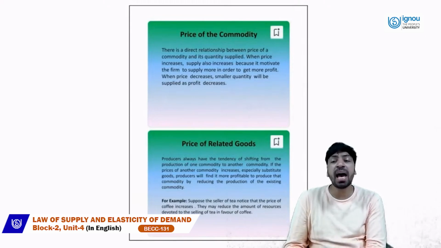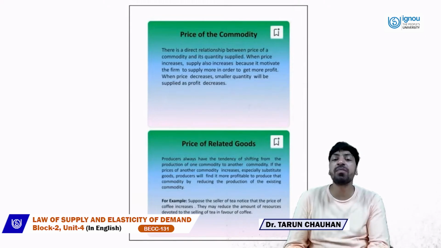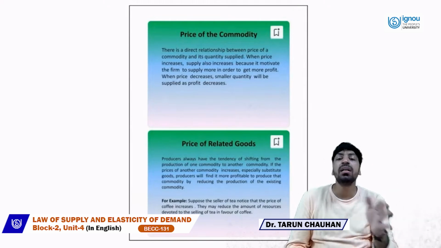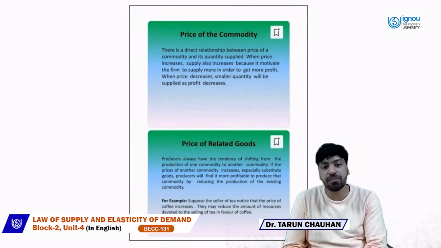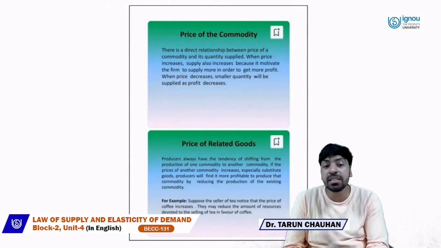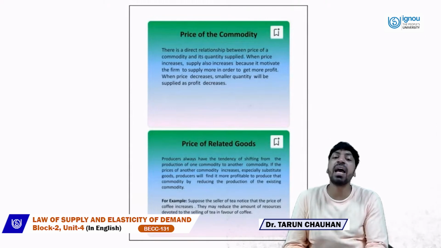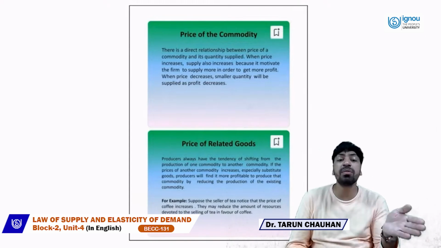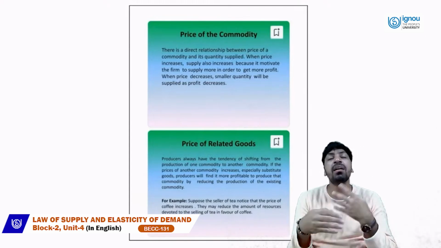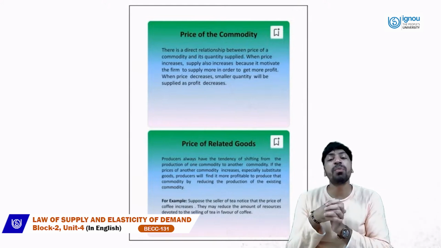Producers always have a tendency to get maximum profits by shifting the production of one commodity to another commodity. For instance, if the price of another commodity increases, the producer could substitute that good to find ways to become more profitable.